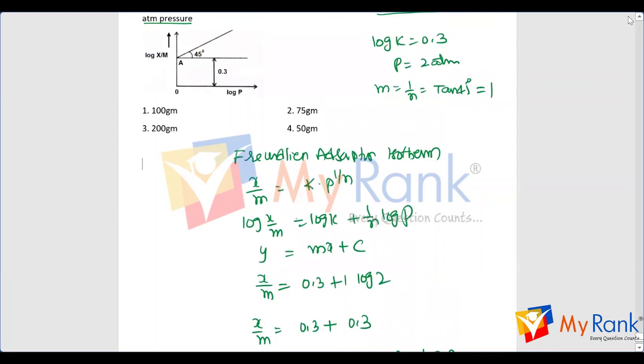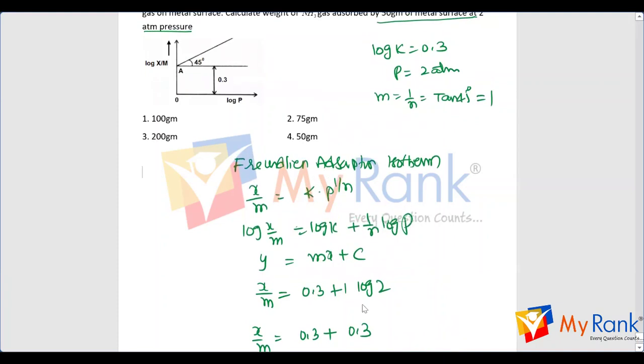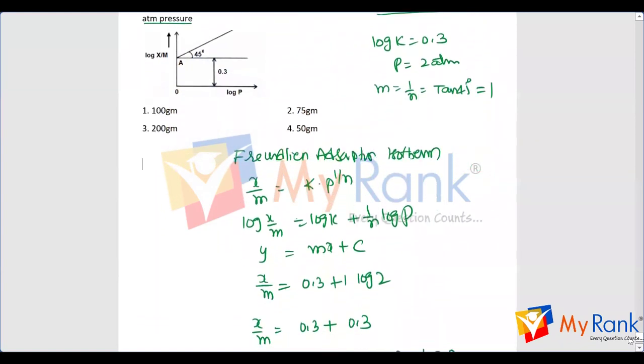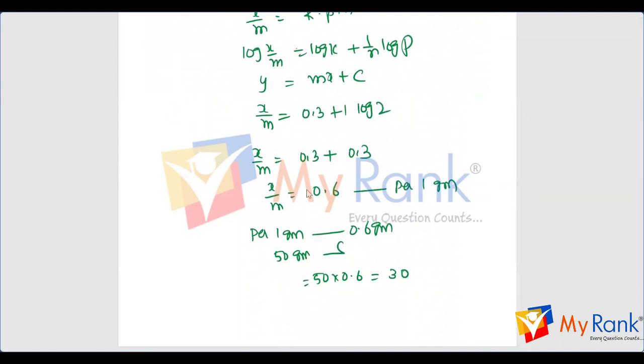Wait, for 50 grams of metal surface at 2 atmosphere pressure, log k is equal to 0.3, and the next term is log 2, which is 0.3, giving 0.6. Sorry, log x by m is equal to 0.6.